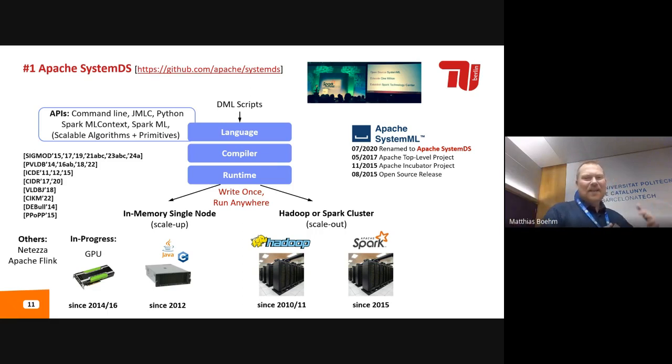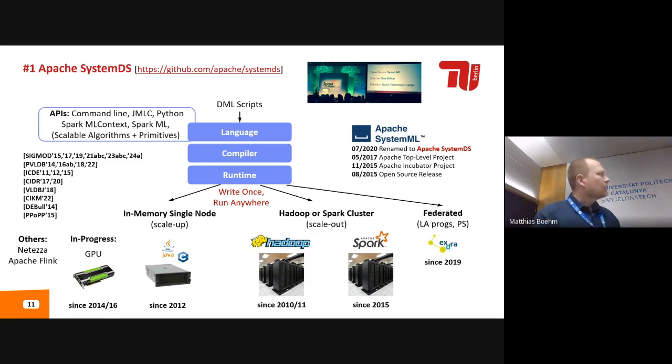All right, in the last couple of years, when I became a professor at TU Graz, we essentially reshaped the focus on the end-to-end data science lifecycle, renamed it SystemDS, and created a fork. We were later invited to merge it back into the main code line, and then it became Apache SystemDS. Over the last 3 years, we also added new backends.